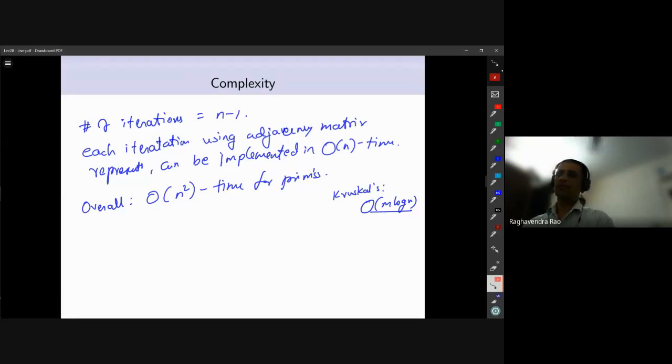Later on, we'll also see Fibonacci heaps, which are an extension of heaps ensuring certain properties. We'll see that we can match Kruskal's algorithm in complexity. In particular, for huge graphs, this will even overtake Kruskal's algorithm.